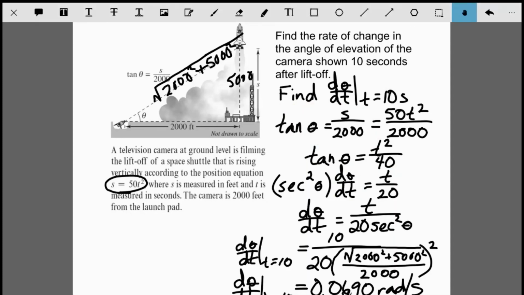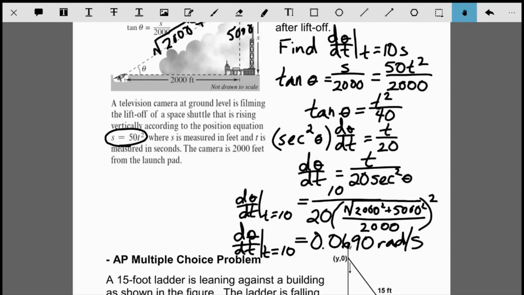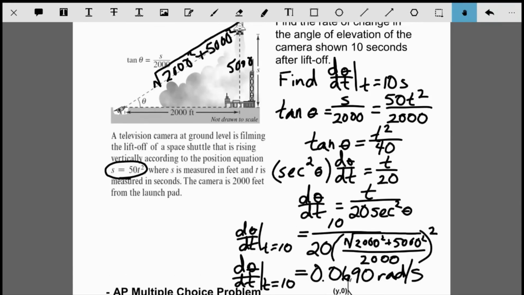And what I chose to do was actually get the solution without having to necessarily rely on the calculator for everything. So what you could do in here is you could find theta, and then you could go through and figure out what t over 20 secant squared theta would be equal to. What I did was I figured out, okay, what is secant theta?